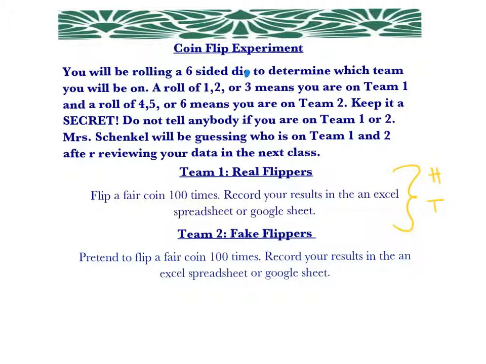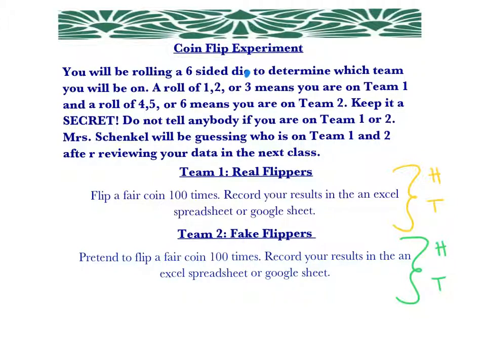You are going to pretend to flip a coin 100 times, and you're going to record your results in the same fashion as team 1. A capital H for a head, a capital T for a tail. I know it sounds ridiculous, but I want you to actually pretend to flip the coin and pretend you see it, and not just randomly do H's and T's. Although you're welcome to do that too. It's up to you, but it makes it more real if you fake flip the coin.